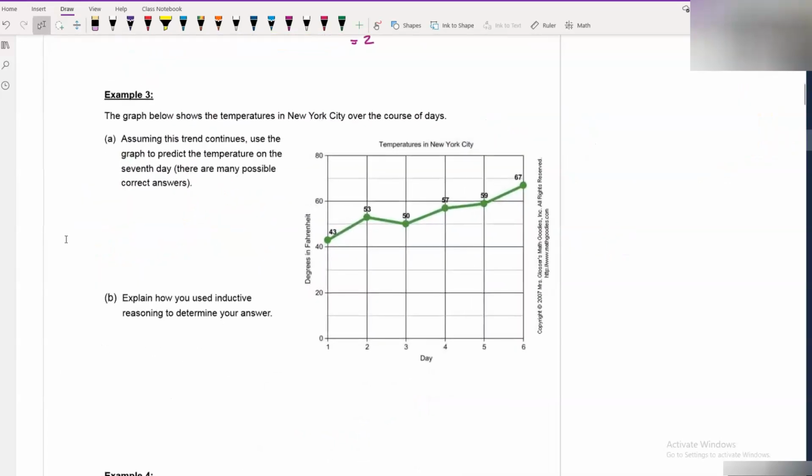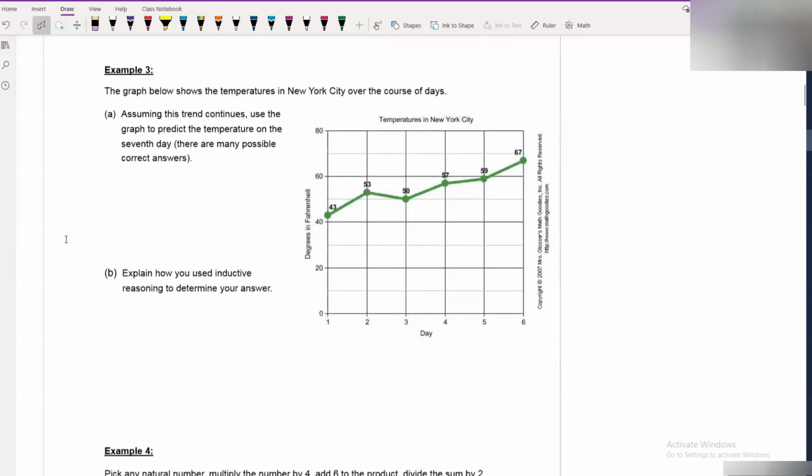Okay, example number 3. Here, the graph will show the temperature in New York City. Part A, assuming this trend continues, use the graph to predict. So here again, we have to predict the temperature on the 7th day.